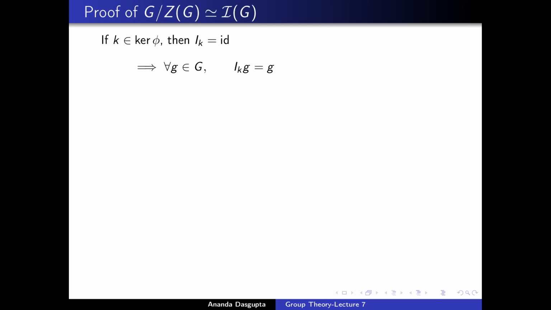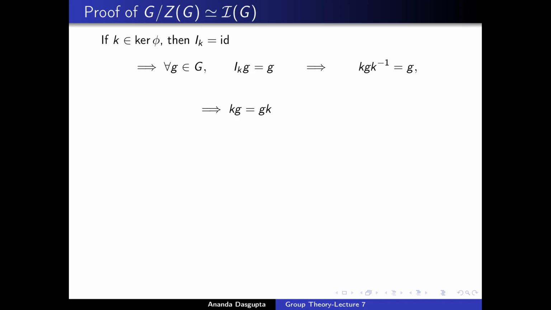So what this tells you is that for all g belonging to capital G, Ik acting on g has to give you back g, because that's what the identity map does. However, Ik acting on g by definition is k g k inverse. So this tells me that k g k inverse has to be g, and hence k g has to be equal to g k.